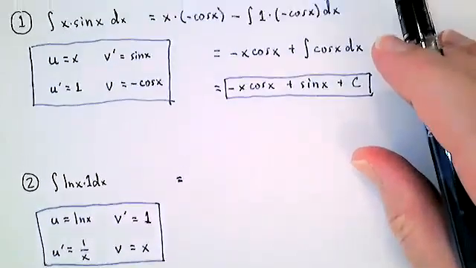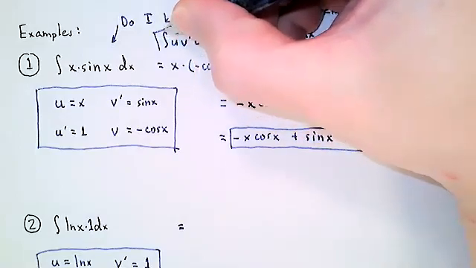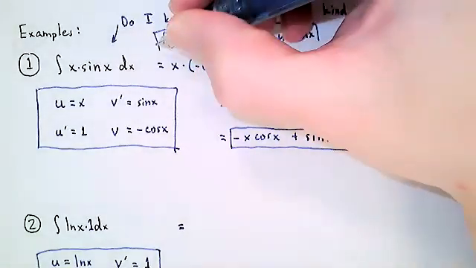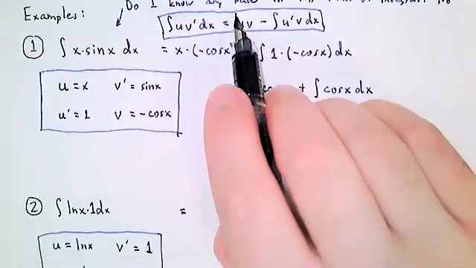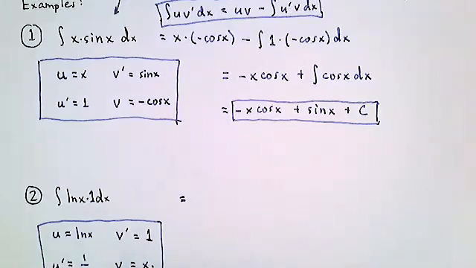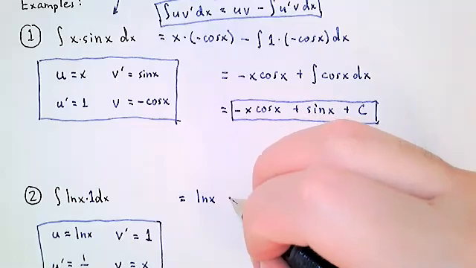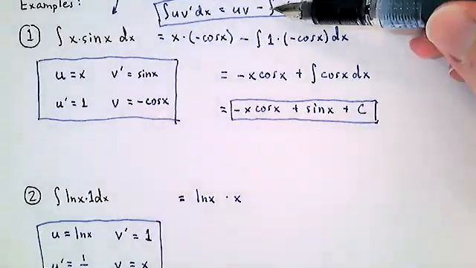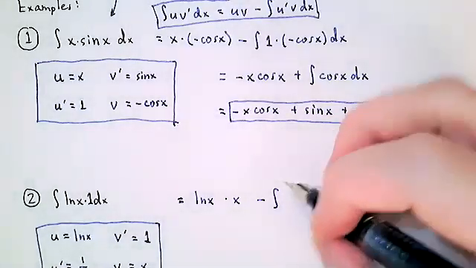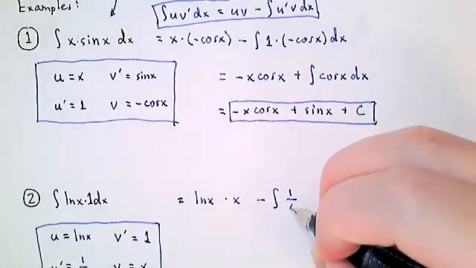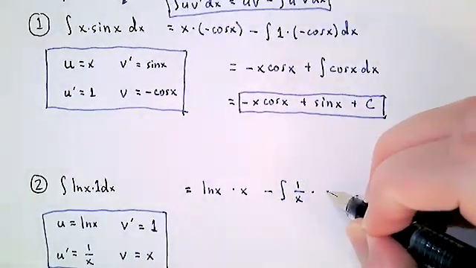And I have the rule written up here that we're using integration by parts. So remember, I need u times v. That'll be log x times x. And then we'll subtract the integral of u prime, that's 1 over x, times v, which is just x by itself.